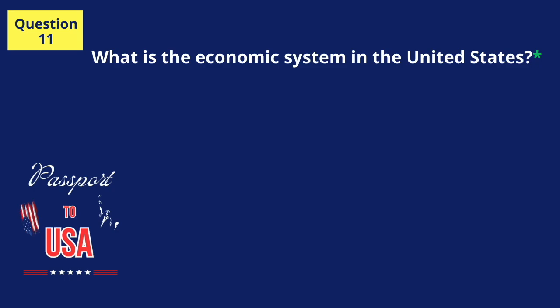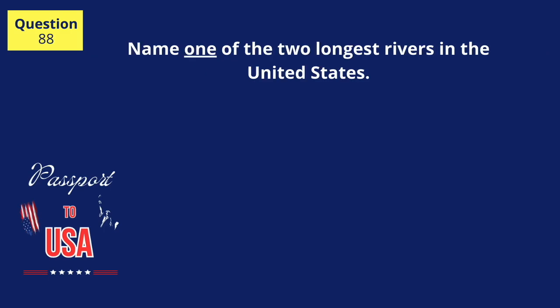What is the economic system in the United States? Market economy. Name one of the two longest rivers in the United States. Missouri River.